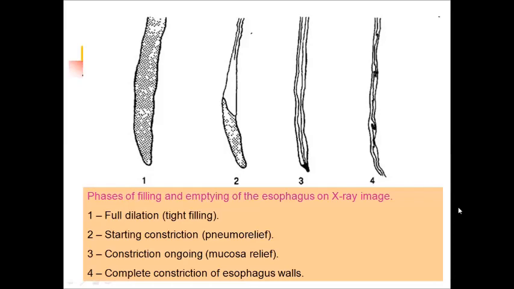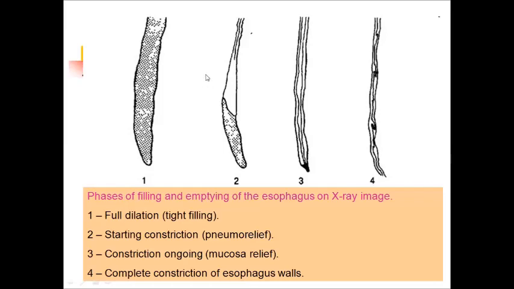After swallowing a small amount of barium, it occupies all the lumen of the esophagus and dilates it, and in this phase we may evaluate size and contours of the esophagus.